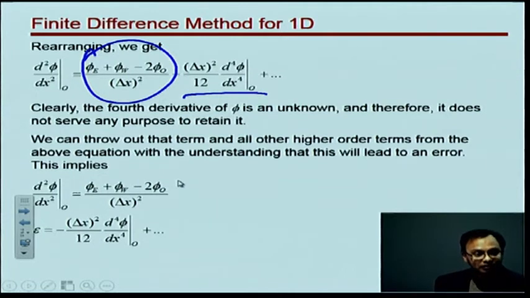Everybody get that? So one takeaway message from this is that every time you convert a differential equation to an algebraic equation, you will have an inbuilt error in it, no matter what you do. I mean, you could go 50th order, you will still have some error.